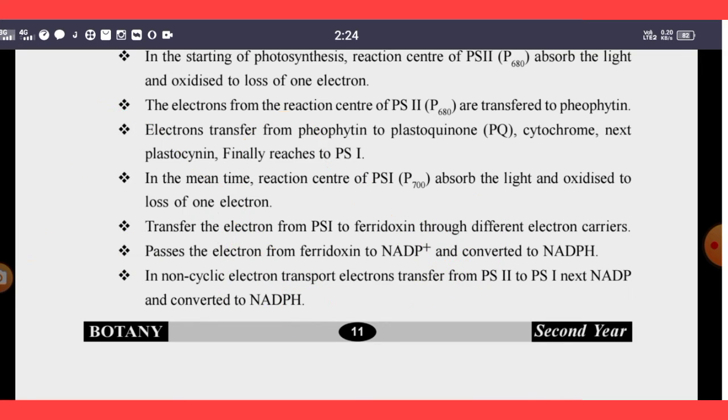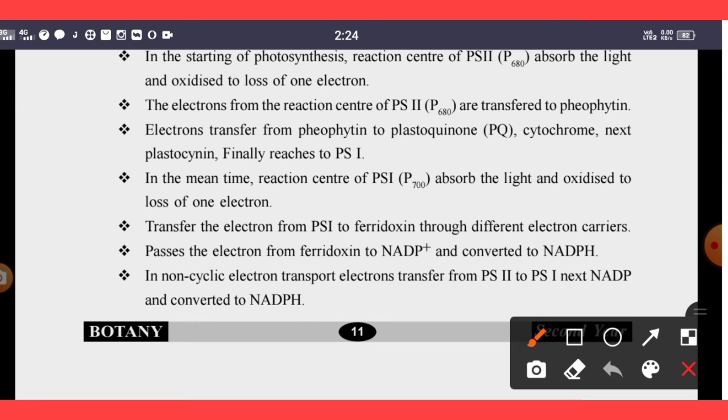In this way electrons are transported by the different electron acceptors and finally arrive at NADPH. The main important product formed in non-cyclic photophosphorylation is NADPH, by the joining of electrons and protons.